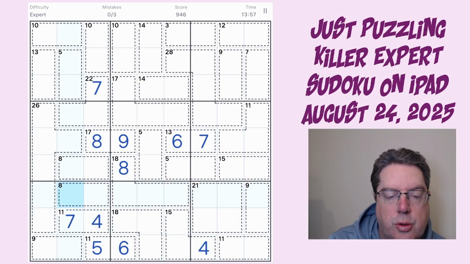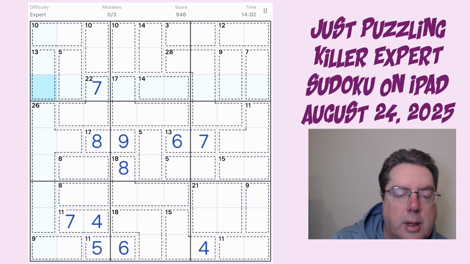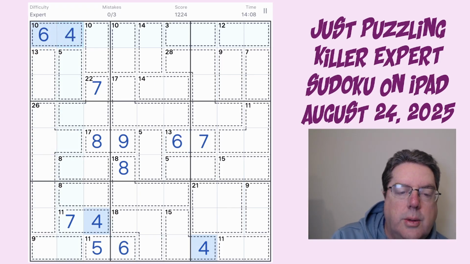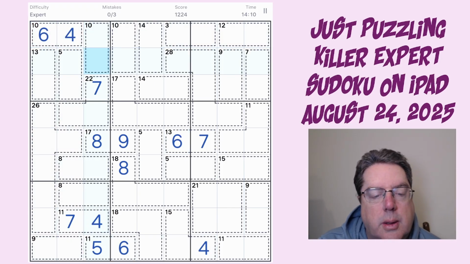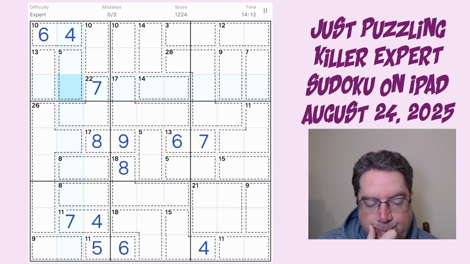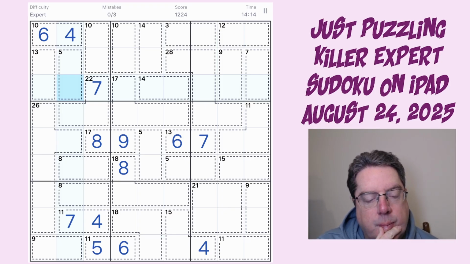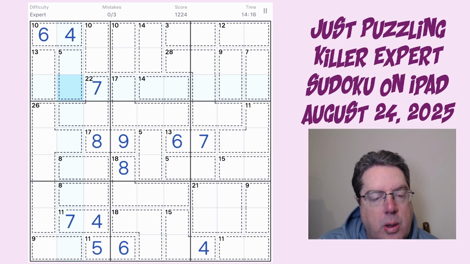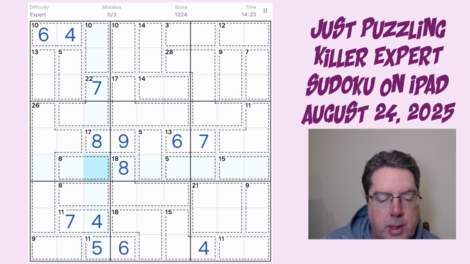So that means this is 2 and 6. So 6 is here. 6 can't be here, so that's a 6. This is a 4. So this is 9 and 1. 2 and 3. 2 and 3. 9 and 3. So 3 is either here or here. Can't be there, so that's a 3. This is a 5.